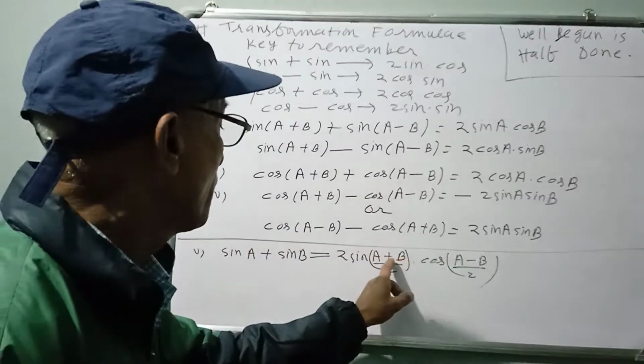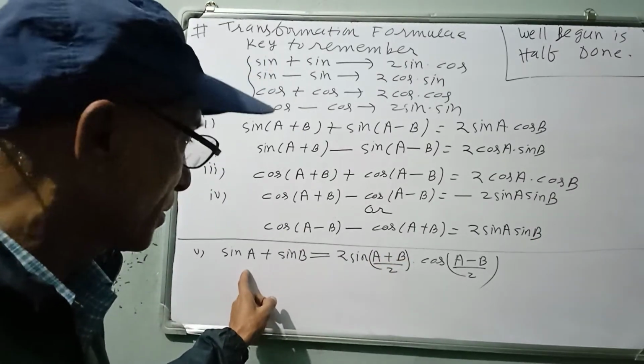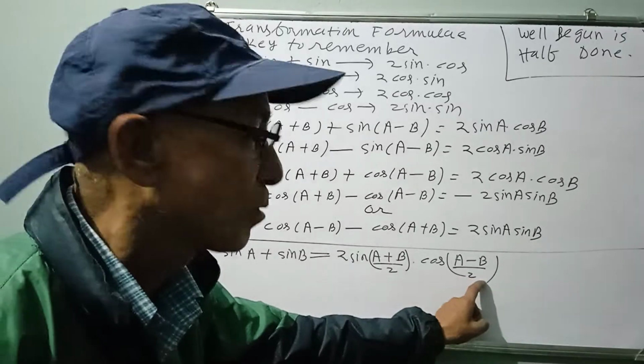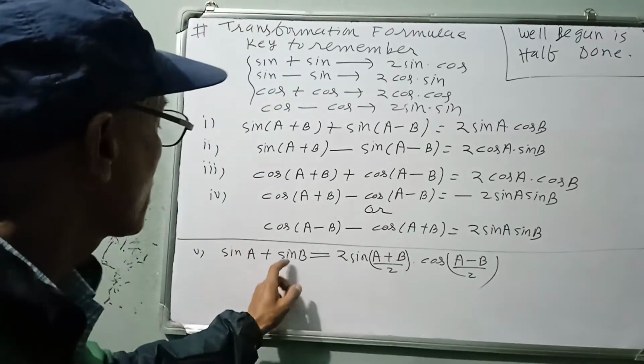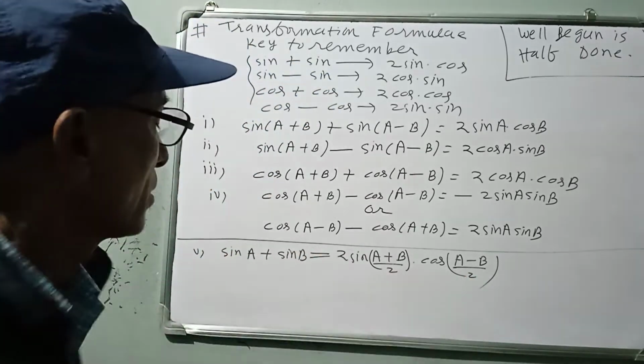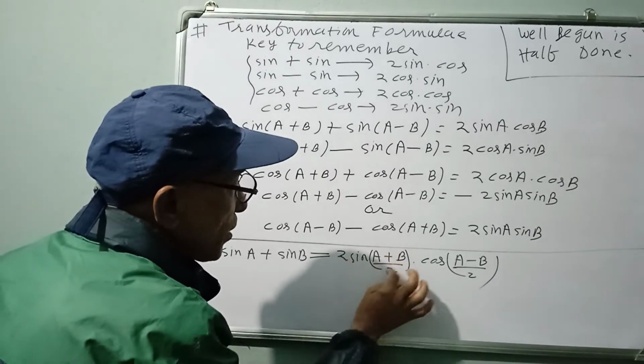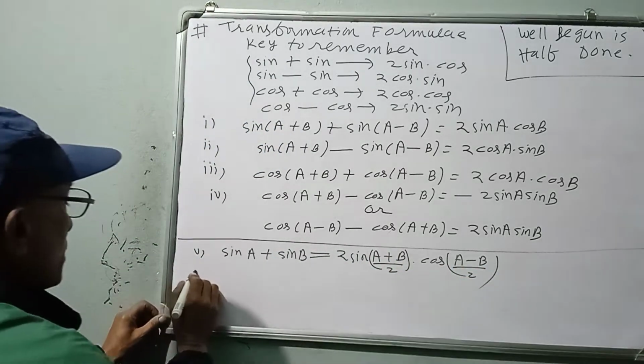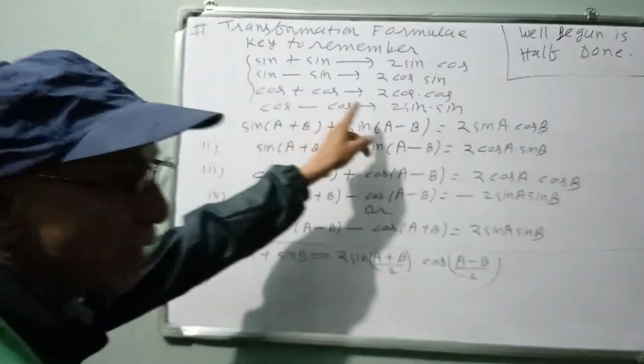Sin A plus sin B equals 2 sin A plus B by 2 cos A minus B by 2. Sin plus sin is 2 sin cos. Again, 2 sin A plus B by 2 cos A minus B by 2 equals sin A plus sin B. In the same way, sin minus sin is 2 cos sin.